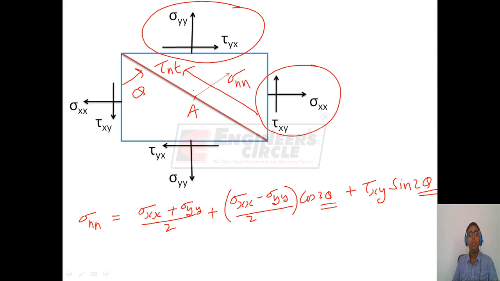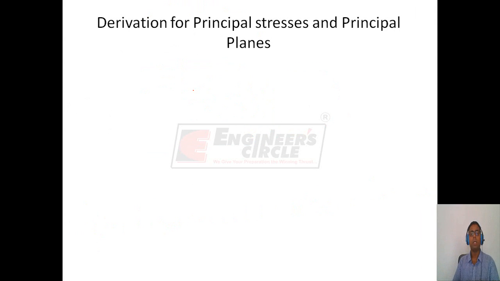To find the maximum value of normal stress at point A, we have to differentiate this normal stress with respect to theta. So let us find on which planes we will have maximum value of normal stresses, that is principal planes, and what will be the values of principal stresses.